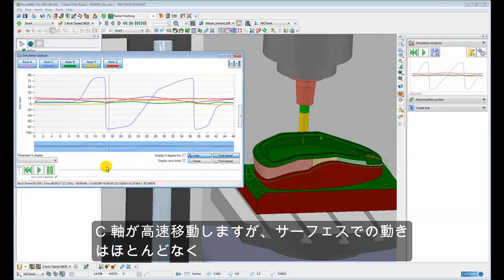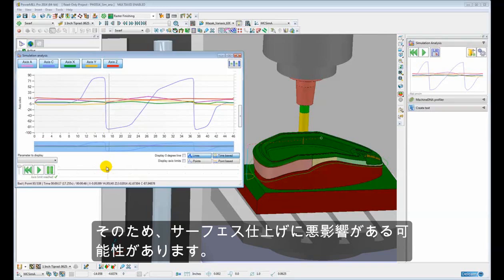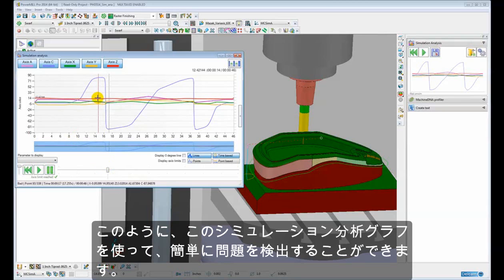So this is potentially going to lead to a very bad surface finish in this part, because we have a very rapid movement of the C axis but a very small movement along the part surface. So this is obviously easily identifiable using this new simulation analysis graph.